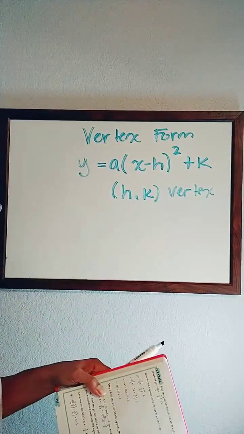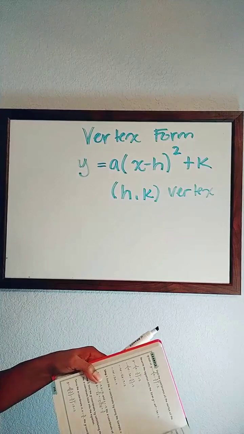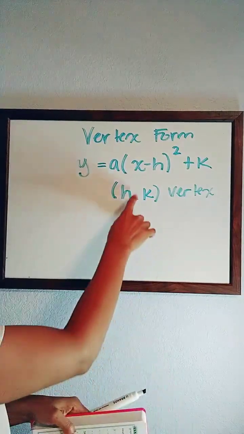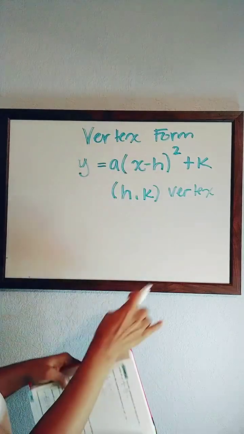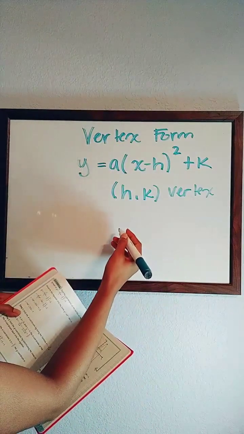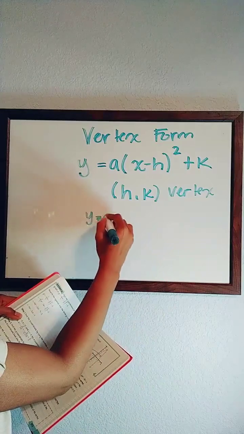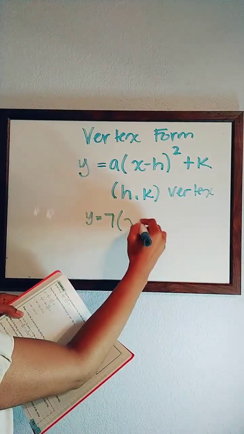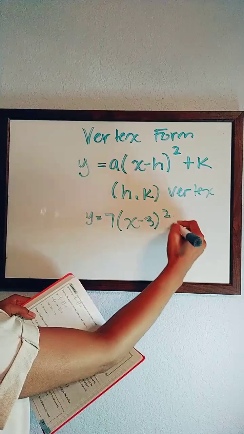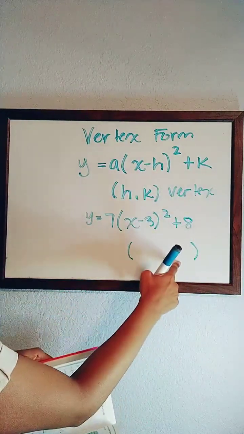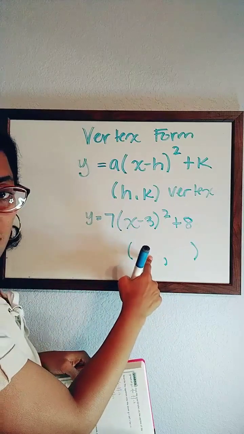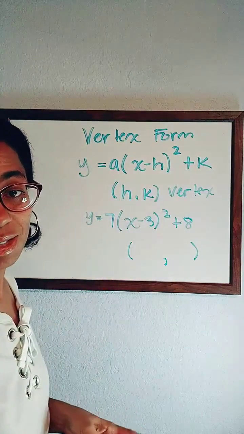Okay. So whatever points, no matter what they are, you don't take the negative, you're just going to take the whole number. You're going to ignore the sign. So for instance, if you had an equation that was y is equal to 7 times (x minus 3) squared plus 8, what would be your vertex for this one? What would go here? Oh, I don't know set theory. I'm sorry.